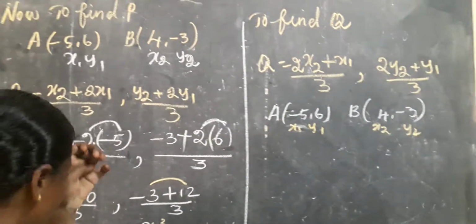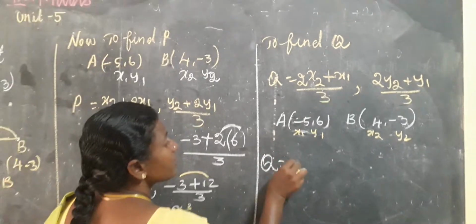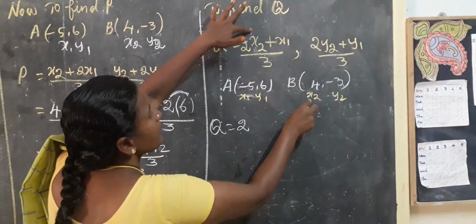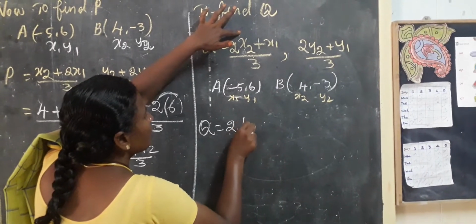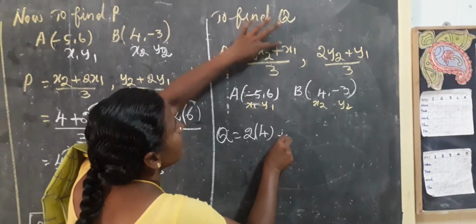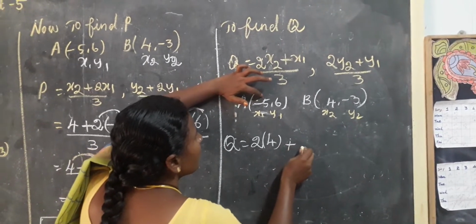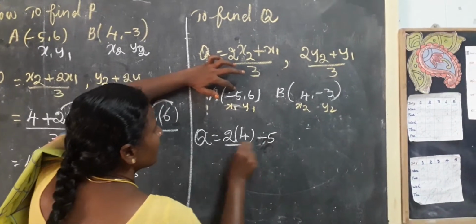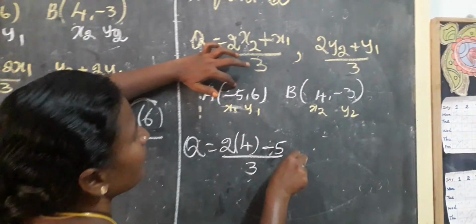Now apply the formulas. Q is equal to 2 into x2. What is the value? 4. 2 into x2 plus x1. x1 value is minus 5, so plus means directly put the minus 5, divided by 3. Comma.